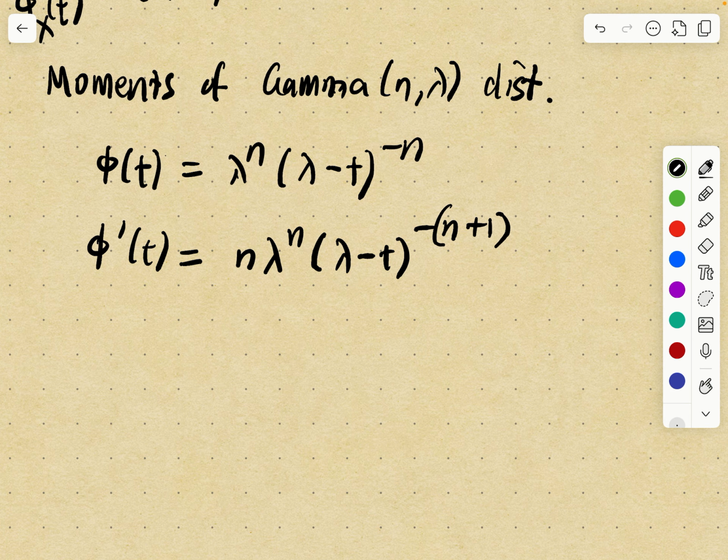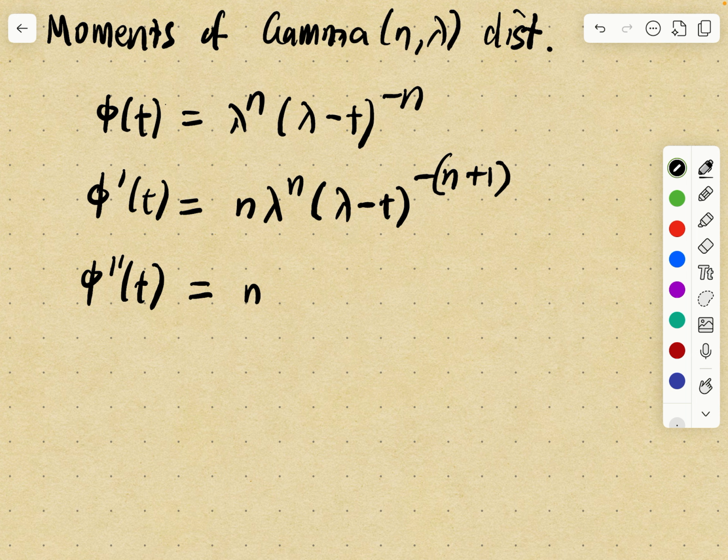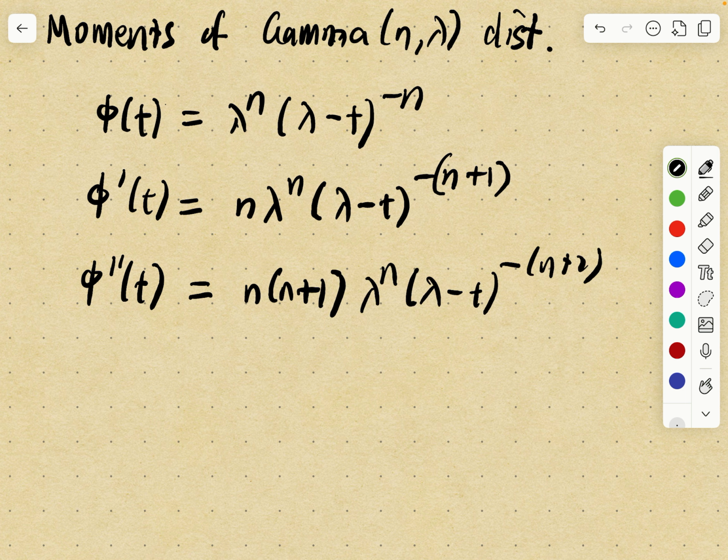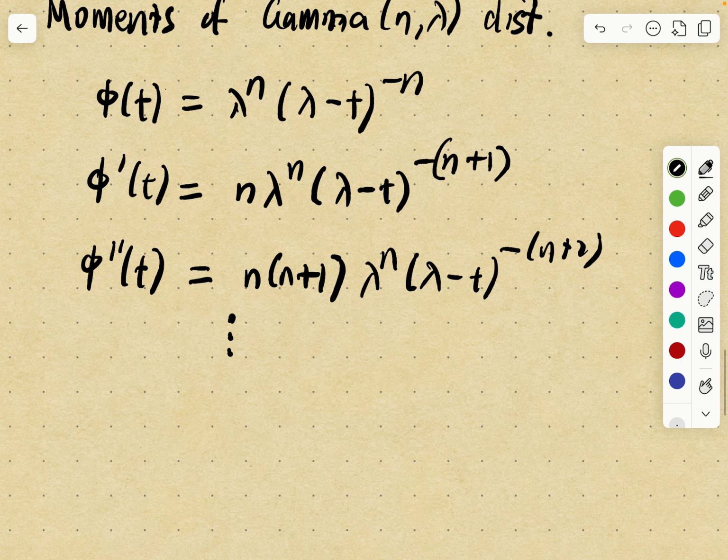If you take the second derivative, you get an n, and then the negative (n plus 1) comes down, but because of the chain rule that negative sign gets canceled out. So you get n times (n plus 1), lambda to the n, (lambda minus t) to the negative (n plus 2) power. And you just continue the pattern.